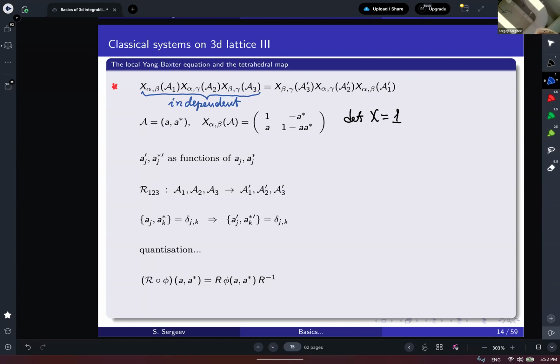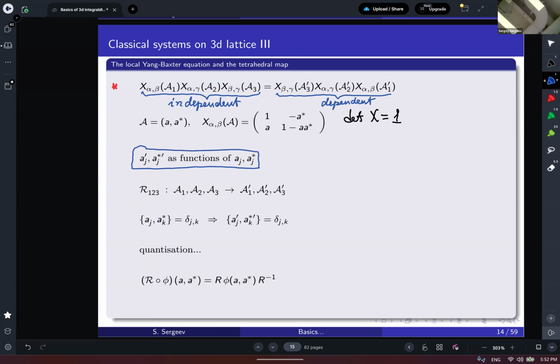And use the Karipanov equation as a zero curvature representation to express dependent variables as a function of independent ones. So that's what is written in this line.